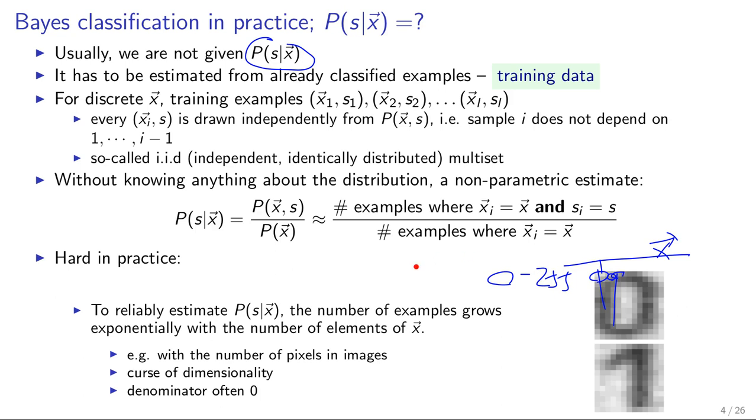So for every pixel I have this many options, and then I have 10 classes, and this is going to grow exponentially. We will have a small quiz later so you can also try to compute it yourself.